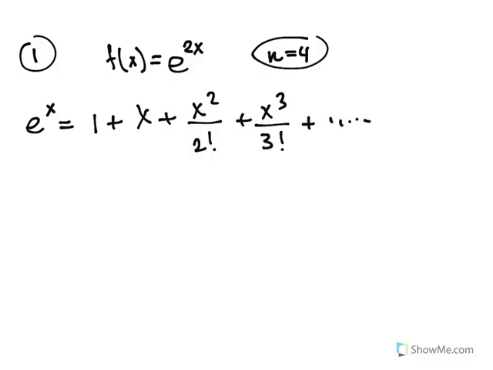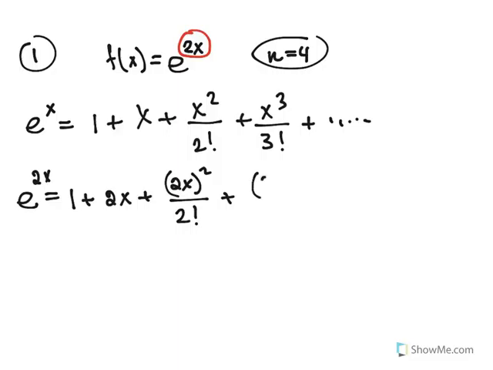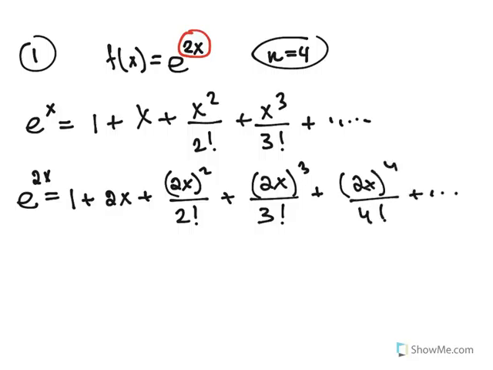Now, in this case, the exponent is not x, it's 2x. Okay, fine, then what you're going to do is you're going to replace each x with whatever they give you, 2x. That's it. So you're going to say e to the power of 2x equals 1 plus 2x plus (2x) squared over 2 factorial plus (2x) cubed over 3 factorial plus, you can add one more, (2x) to the fourth over 4 factorial, and so on.